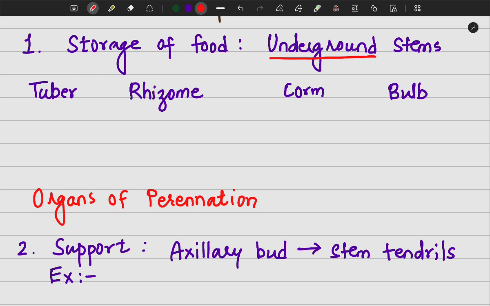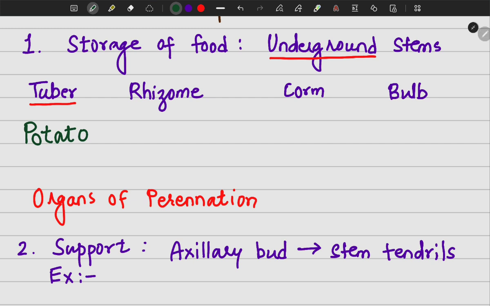So in the storage of food, we will study 4 types of stems. The first one is called a tuber. An example of tuber is potato. Potato is an underground stem. It has a reserve food material which we eat as starch.